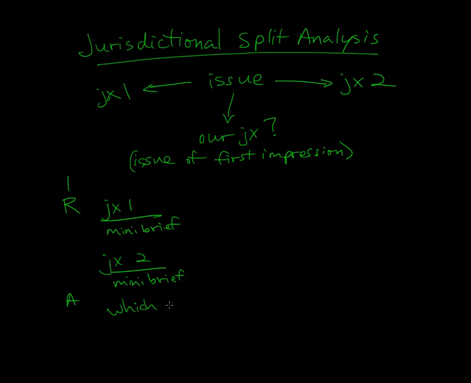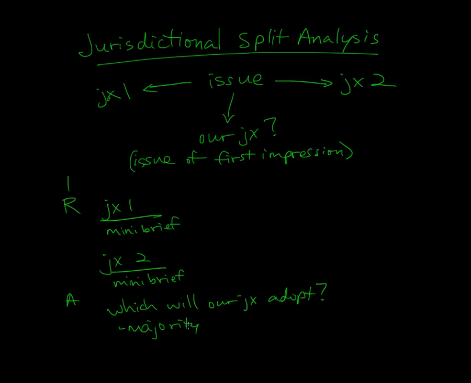Maybe we're dealing with 5 jurisdictions, not just 2, and all but one of them use the same rule. So we think that our jurisdiction will adopt the majority rule. It's just the direction that most other jurisdictions have gone in, so maybe our jurisdiction will do the same thing.